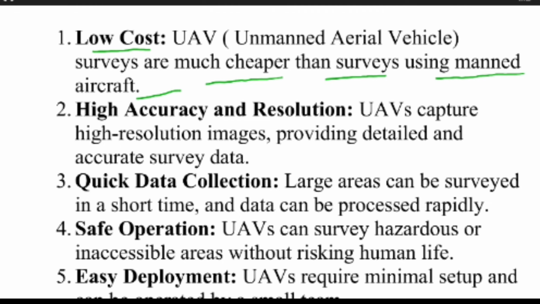It has high accuracy and resolution. A UAV captures high resolution images, which provide accurate data for the survey. It allows quick data collection: a large area can be surveyed in a short time, and the data can be processed rapidly.